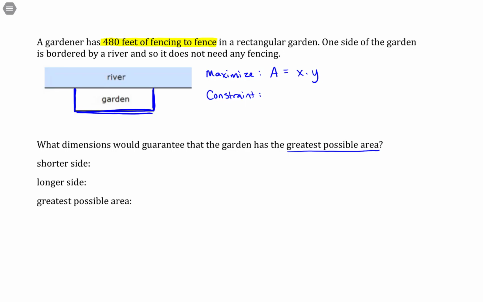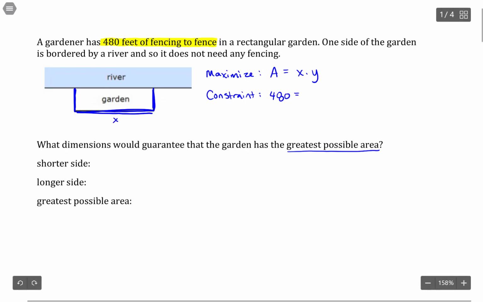That's the maximum, and that's a perimeter. So we have to think about that as our constraint in terms of perimeter. I'll use this distance here as the horizontal variable, so this distance would be x, going this way, and this distance here would be y.